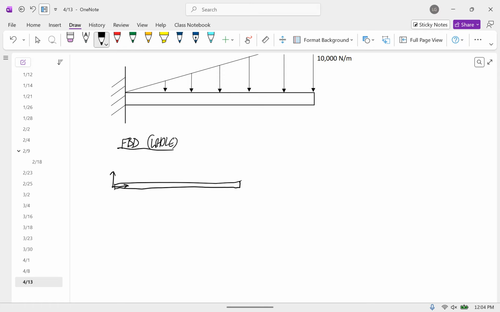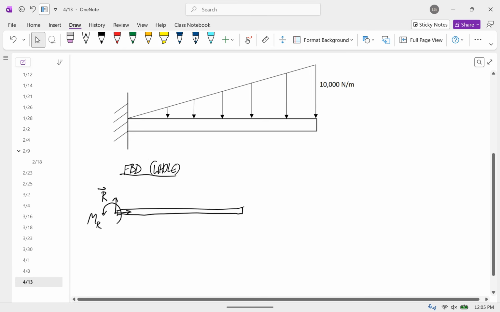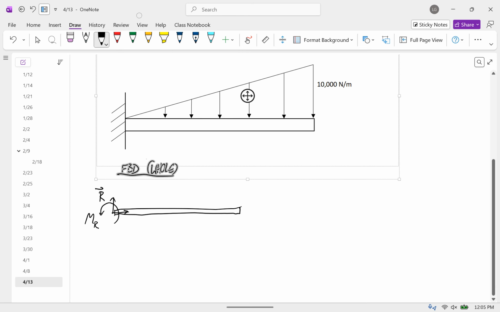At the fixed joint, we have this unknown force vector, I'll call that R, and then we have an unknown couple, I'll call that MR for reaction moment. And then we have our distributed load. Now that I've chosen the body to isolate, I can represent that as a point force. So the centroid is a third of the way from the edge to the point. So it's over here.